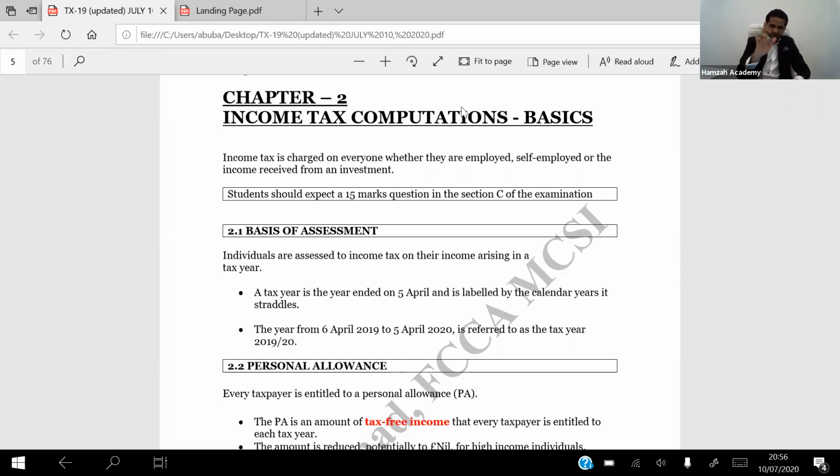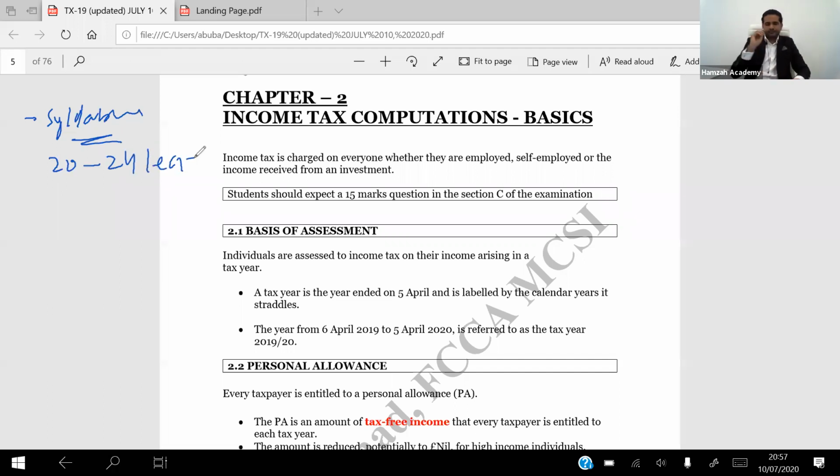First, very important thing about the pace is your syllabus is actually not a small syllabus. Your syllabus is a combination of 5 sections of multiple chapters, and we have only 20 to 24 lectures. 20 to 24 lectures means we have precisely 44 hours.